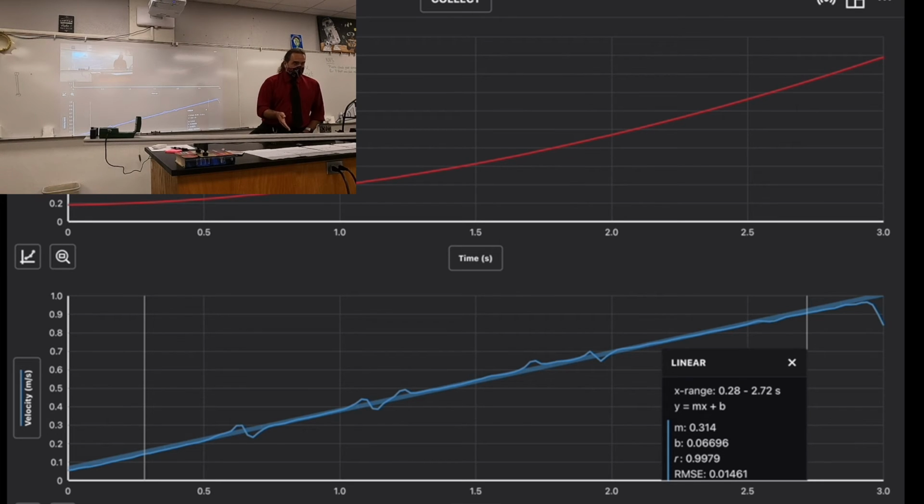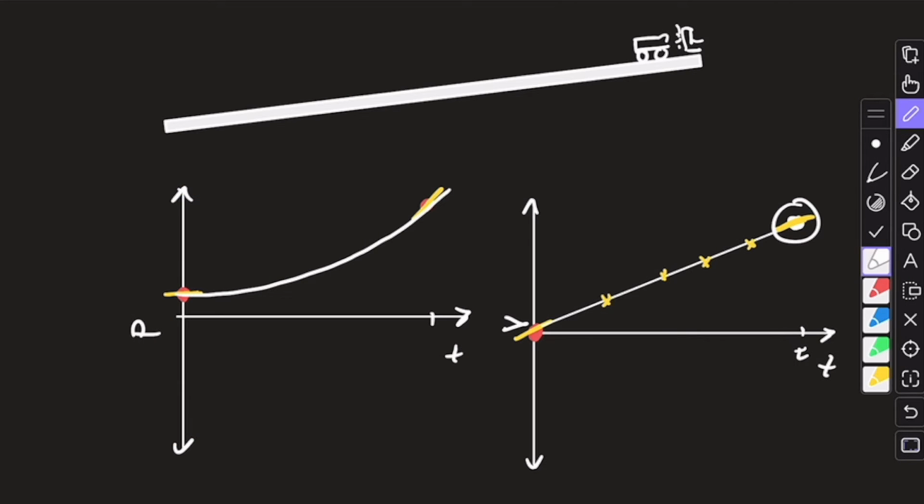Slope, 0.314. Y-intercept, 0.06696. Now what I'm expecting to see is you understand that this is the velocity versus time graph.